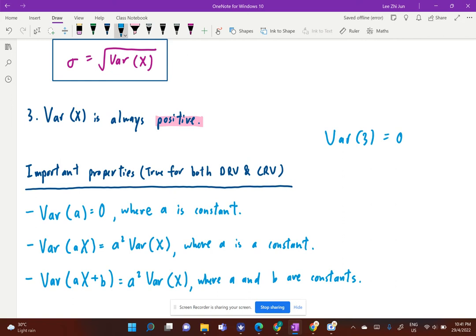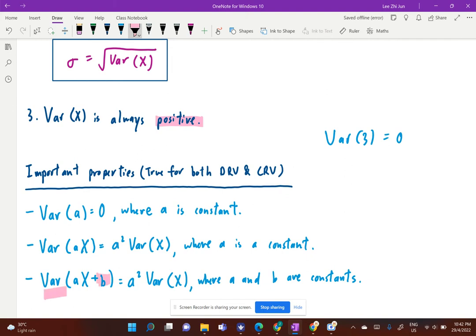You can recall the properties: variance is a measure of the dispersion of data. Adding on something, like adding b, will not affect the value of the variance.